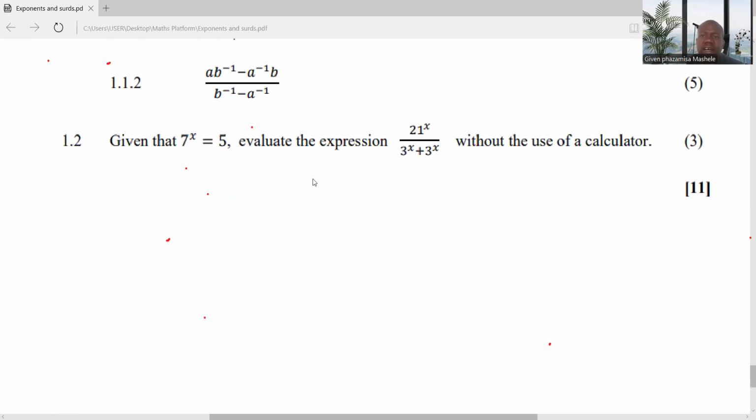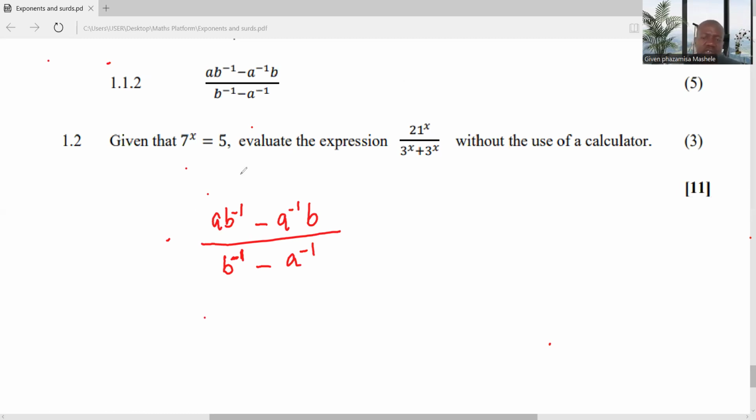It says a times b to the exponent minus 1 minus a to the exponent minus 1 times b, divided by b to the exponent minus 1 minus a to the exponent minus 1. Remember, we need to simplify this without using a calculator.